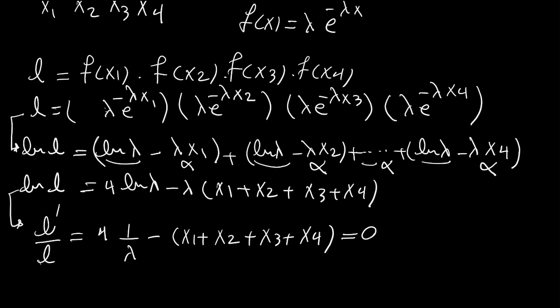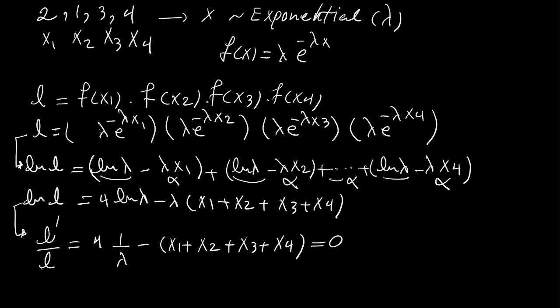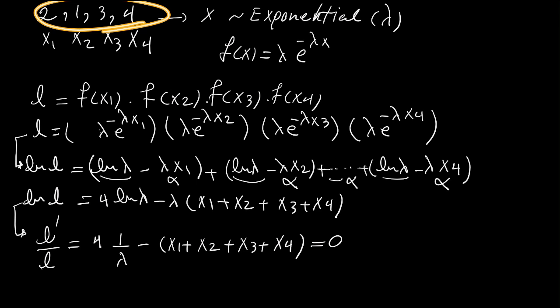And you see that it is obvious that lambda is actually 4 divided by this summation. We have x1, x2, x3, and x4 as 2, 1, 3, and 4. The summation equals 10.